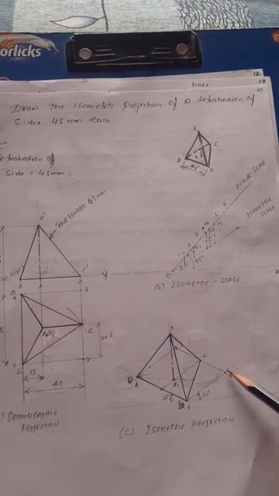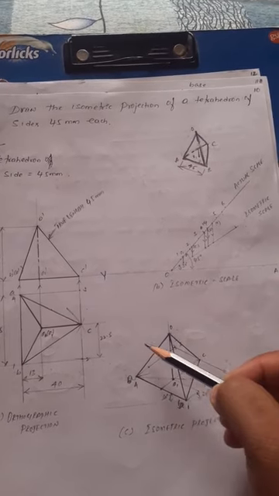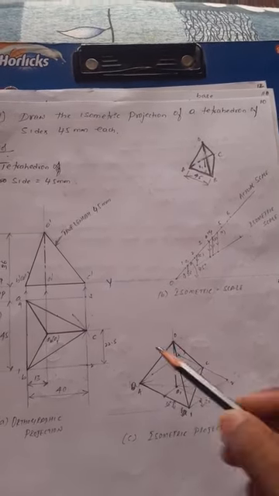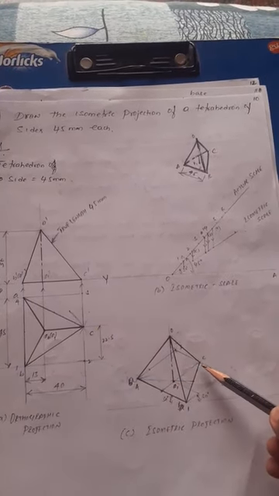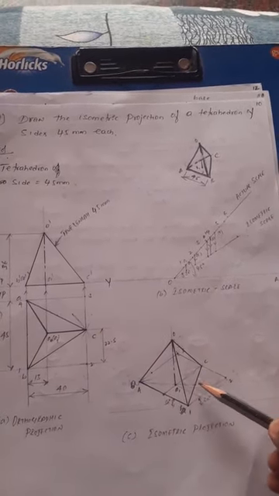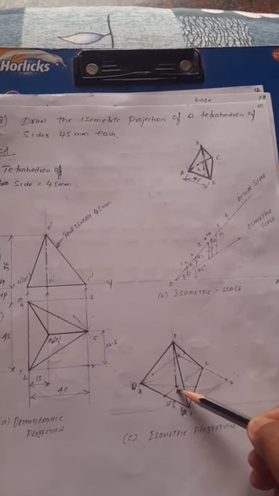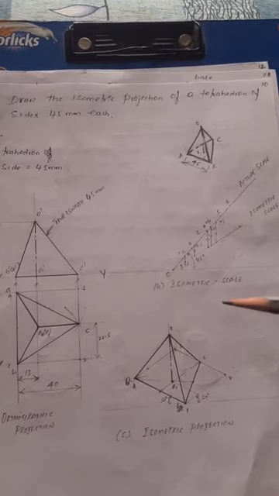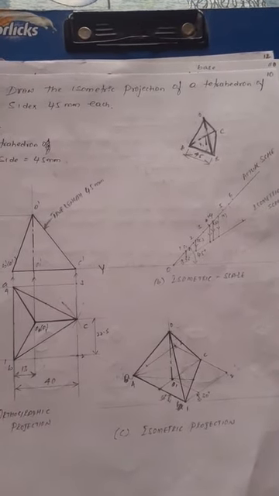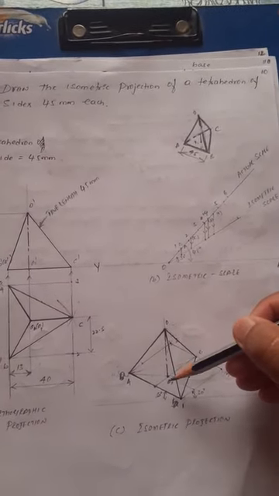Draw that iso 30 on the 1 to 2 line, then draw a line. Then from the center of the box, draw one more horizontal line here. From C, draw a line parallel to 1 to 2. The intersection point gives the center of the triangular lamina. Once you get the center, that is O1.